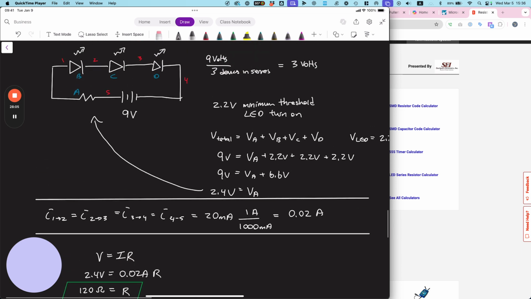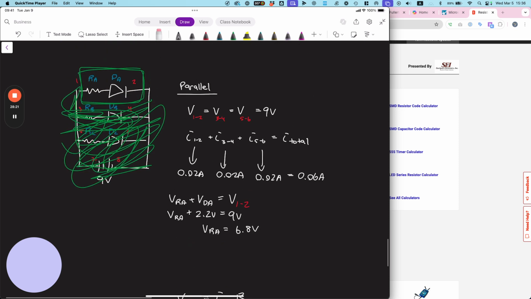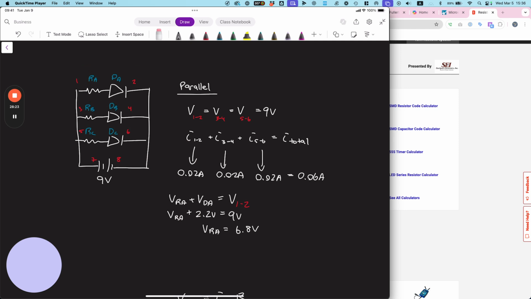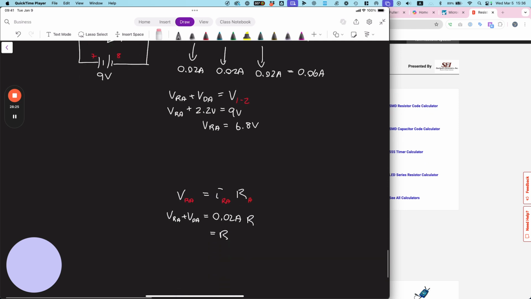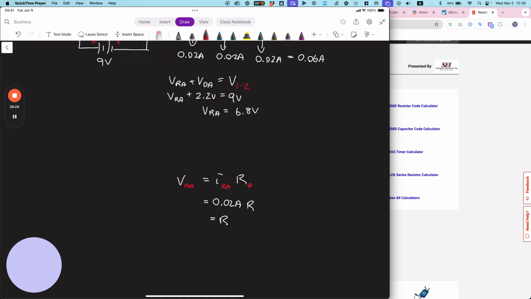Okay, last time we got something different. Now, really what I should be doing down here is saying this is voltage of RA, current of RA, and resistance of A. Yeah, that's really what I should be saying here. Okay, let me remove all that stuff. So now we have current of RA, which we just got from here.